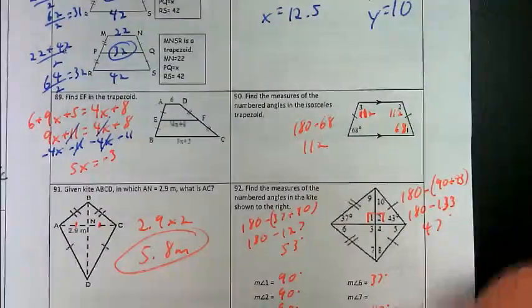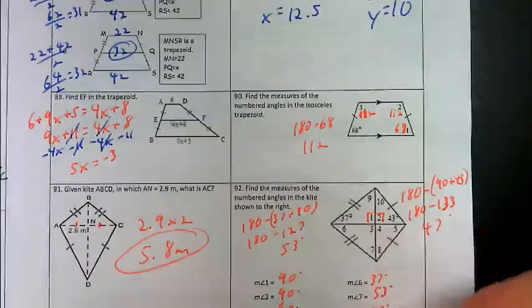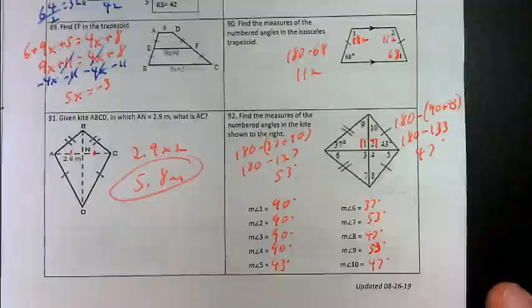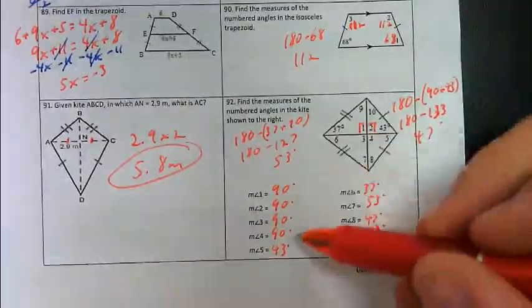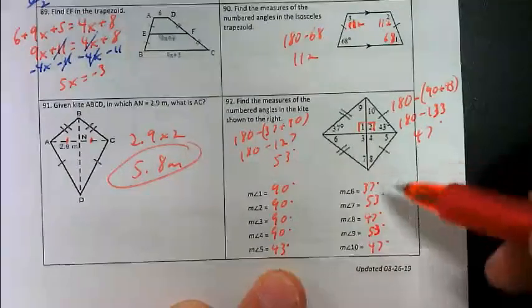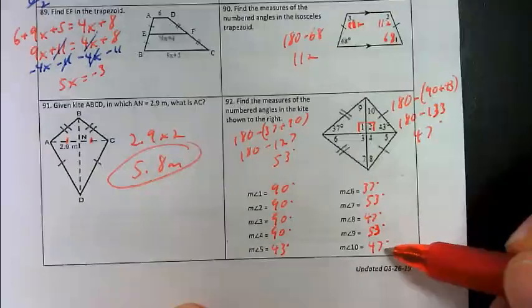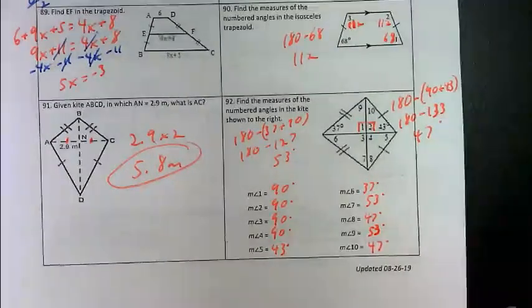So we're going to have 53 for both 7 and 9. So final answers there. I know it's a little off the screen. First four were 90, followed by 43, followed by 37, 53, 47, 53, 47. And that's it.